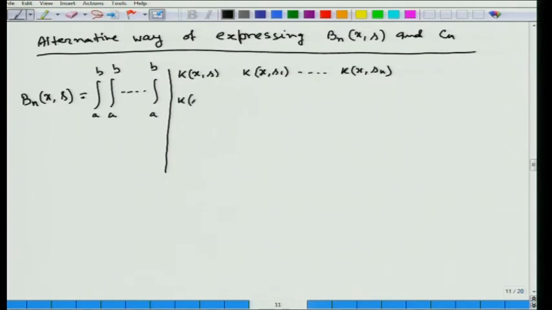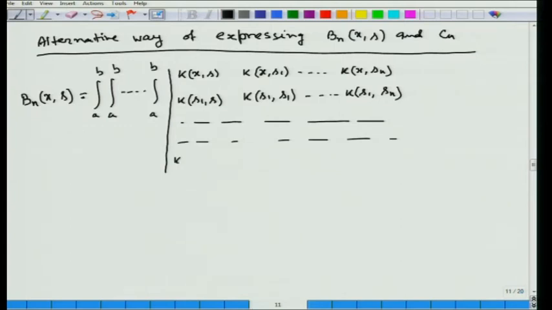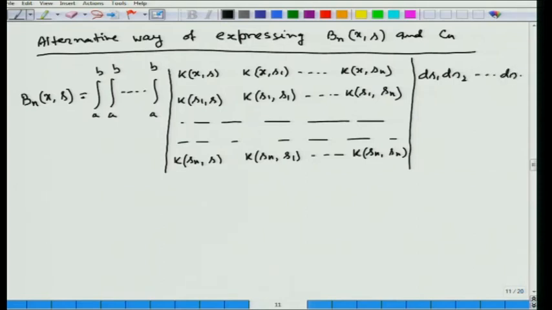Second row: K(s_1,s), K(s_1,s_1), proceeding in this way up to K(s_1,s_n). Finally, the last row will be K(s_n,s), K(s_n,s_1), last term K(s_n,s_n).